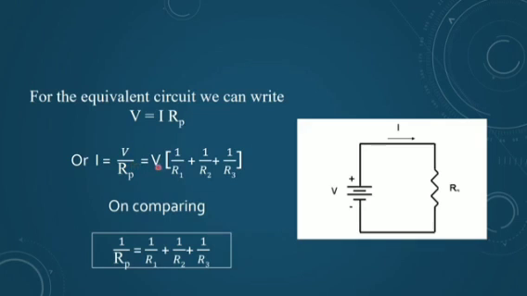On comparing with the initial equation, I equals V into 1 upon R1 plus 1 upon R2 plus 1 upon R3, you get 1 upon Rp equals 1 upon R1 plus 1 upon R2 plus 1 upon R3. Similarly, for n resistances, it will keep on adding the reciprocals of the other resistances, plus 1 upon Rn.